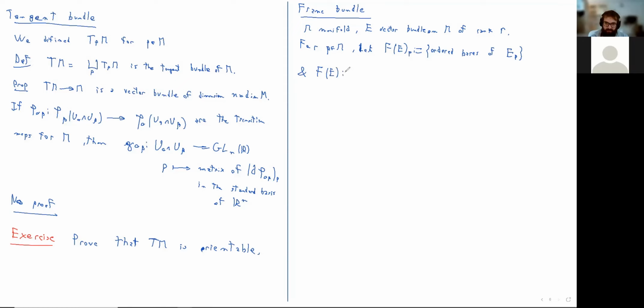And we define F(E) as the disjoint union over P of these possible bases. And of course, the projection is what you expect it to be: if you take a collection of bases V in F(E)_P, this one goes to P. So this is the frame bundle.